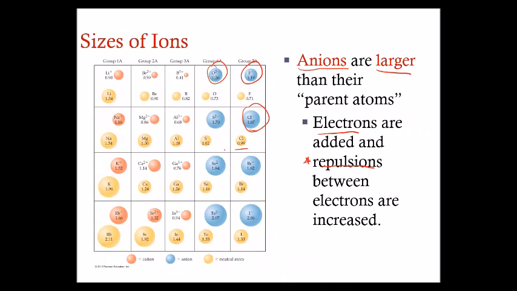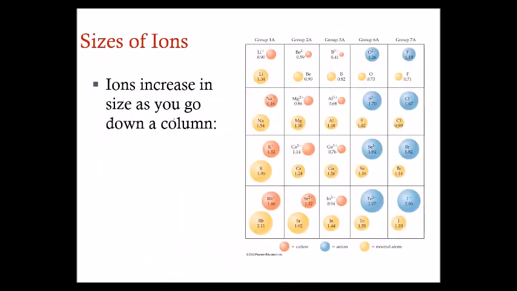You can also use the regular trend if you're just comparing ions in a group. If I'm comparing lithium ion with sodium ion, potassium ion, and rubidium ion, they generally increase as you go down the group, just like the regular atomic radius trend. That's because the principal energy level number grows, you have more shielding effect and farther distance, all the same reasons you would apply for regular atomic radius.